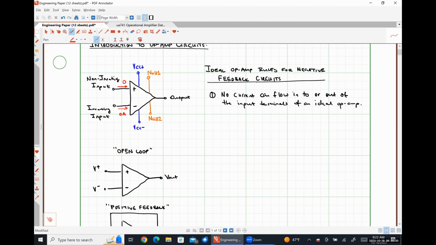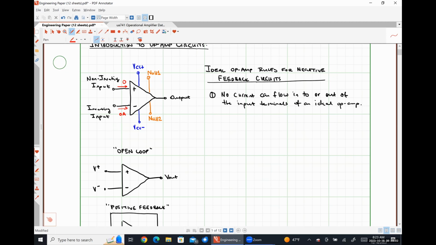Now, this isn't true for a practical operational amplifier. A real operational amplifier has an input resistance on the order of mega ohms, okay? So for the μA741 op amp that I showed you earlier, the input resistance is listed on the data sheet, and it's 2 mega ohms. Most op amps based on bipolar junction transistor technology have an input resistance on the scale of mega ohms.